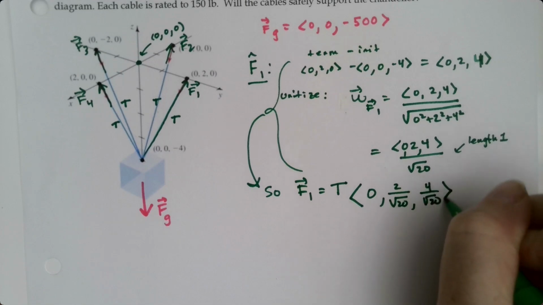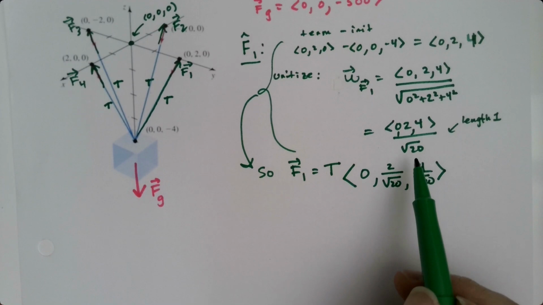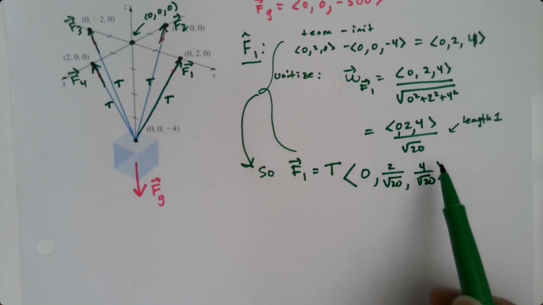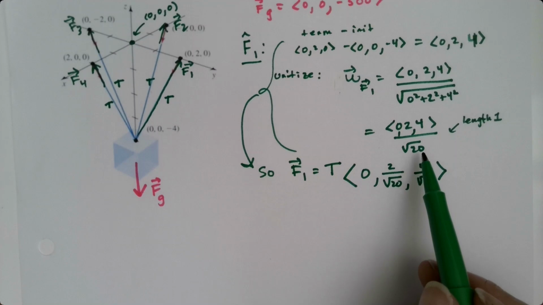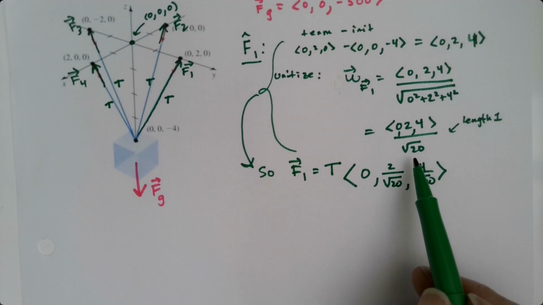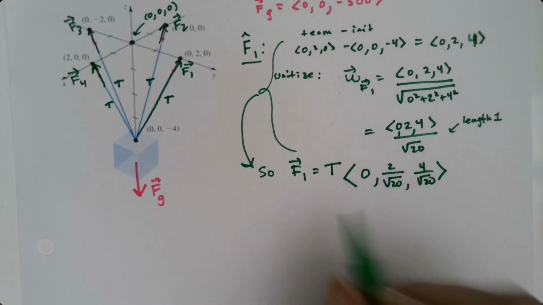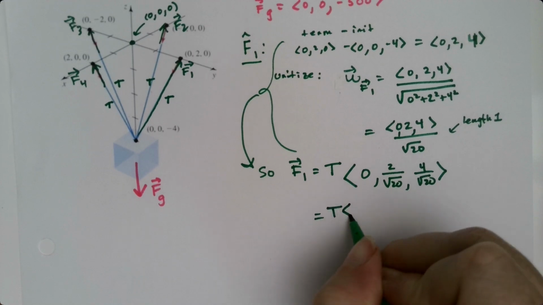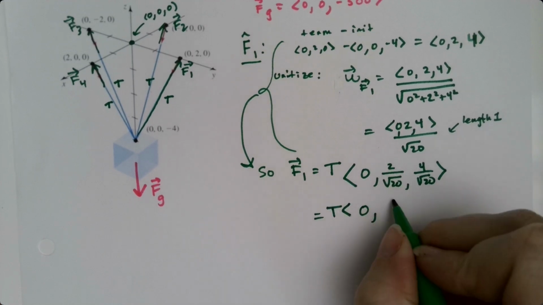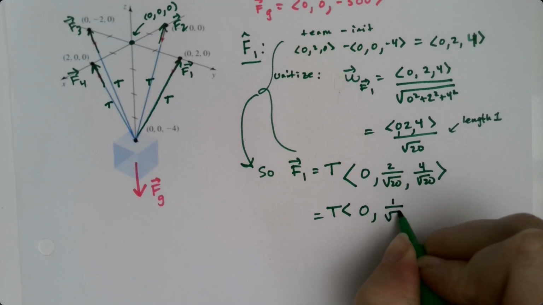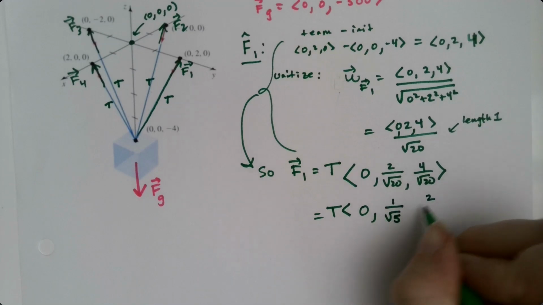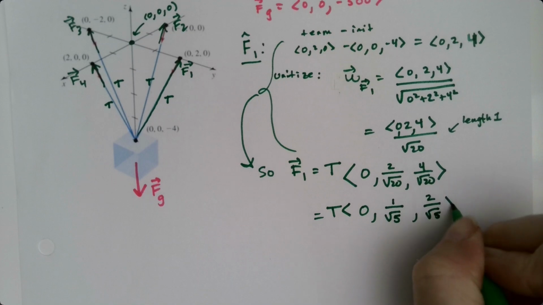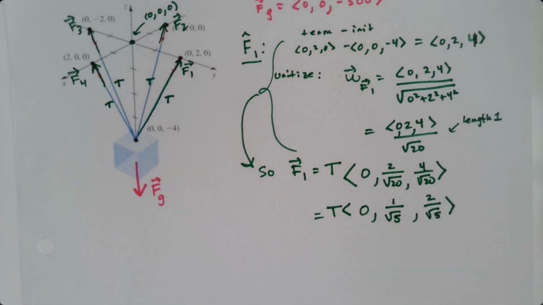And yes, that does reduce if you want it to. It doesn't really make any difference to us. But 4 goes into 20 5 times. So this is 2 square root of 5. So that would be t times 0, 1 over the square root of 5, and then 2 over the square root of 5. That works.